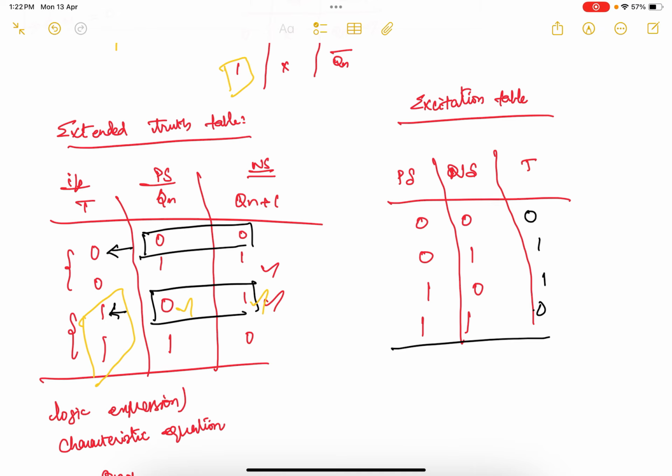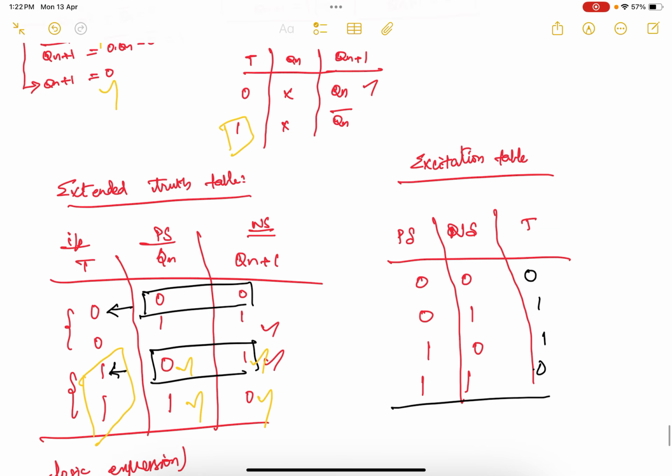When T equal to 1 and the present state is 1, it becomes complemented to 0. But for T equal to 0, there is no change required; whatever the present state is will come in the next state condition.